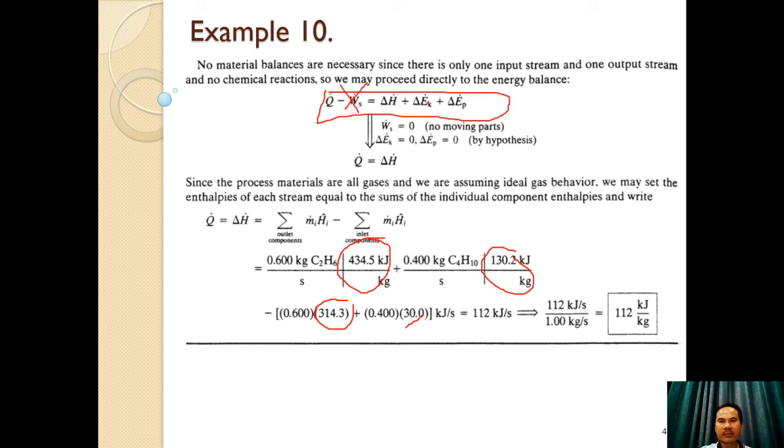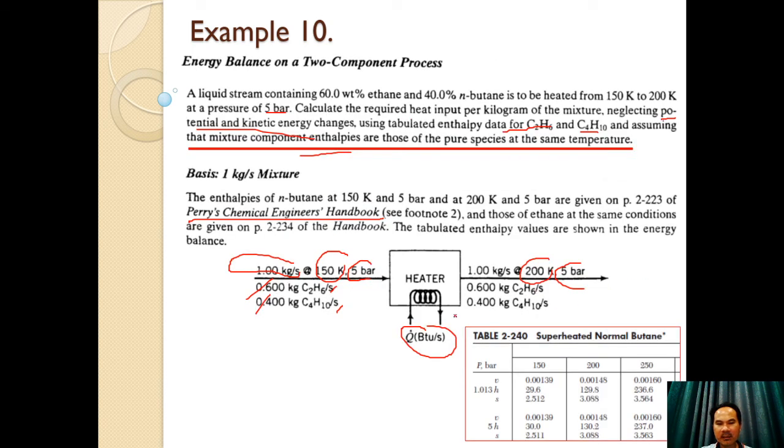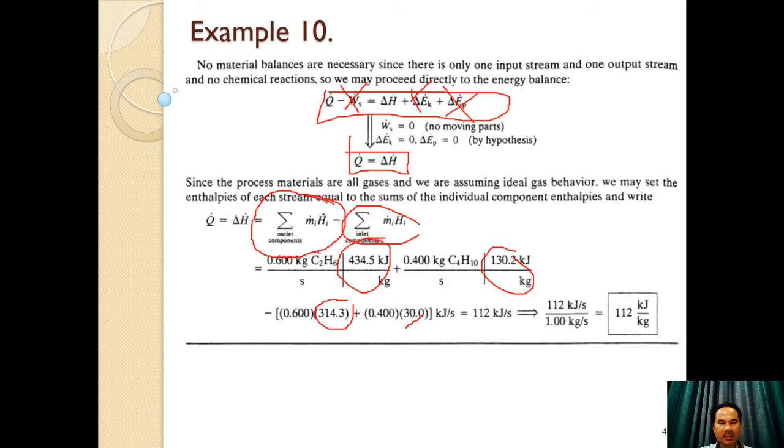For this case there is no work, no kinetic energy, no potential energy, so you get Q equal to delta H. Delta H equals the summation of m_i H_i for the output stream minus the summation of m_i H_i for the inlet stream. For both output and inlet we have two components: 60% ethane and 40% butane, 0.6 and 0.4. Subtract the input, 0.6 times the enthalpy of ethane and 0.4 times the enthalpy of butane, and you calculate 112 kilojoules per second.